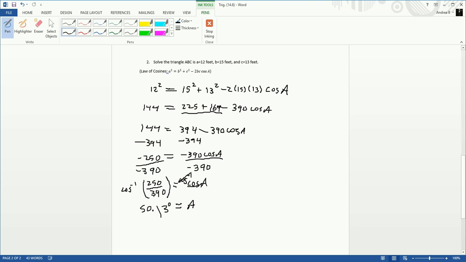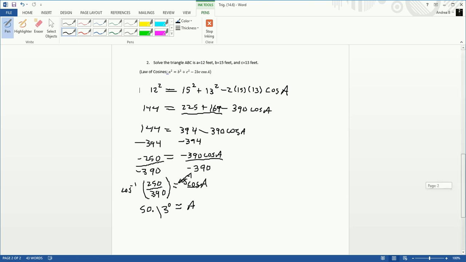Once you have one of the angles, then you can use law of sines again. Remember, the reason we couldn't use law of sines at first is because we only knew the 3 sides and didn't know any of the angles.